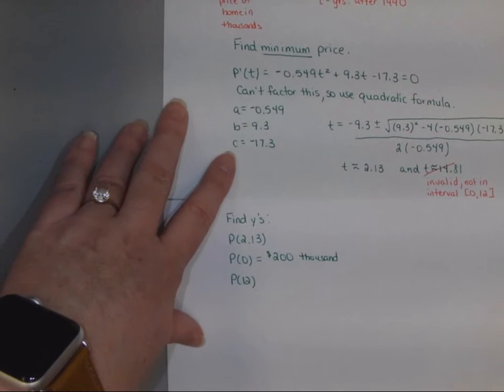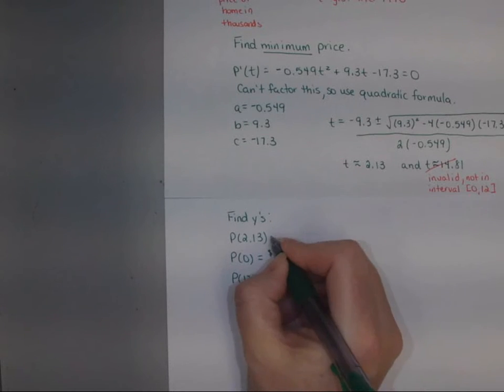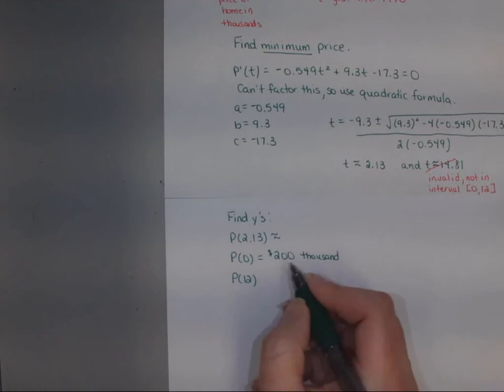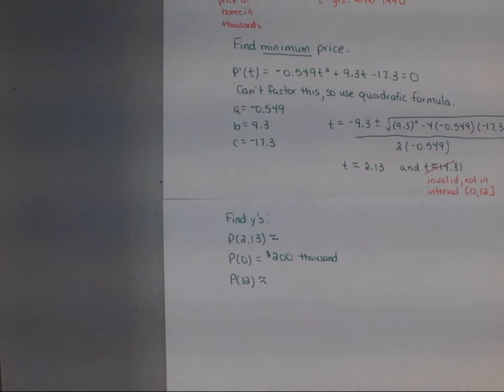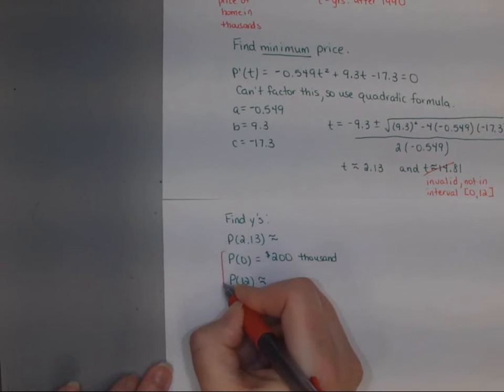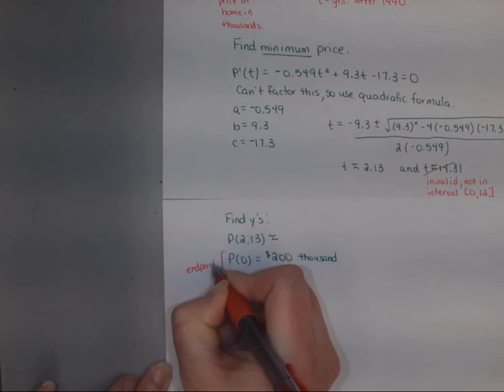So the price of the house was 200,000 in year what, by the way? What year are we starting at? 1990. Okay. These are both going to be approximate. Notice these are the endpoints. We have to make sure we check all of them.